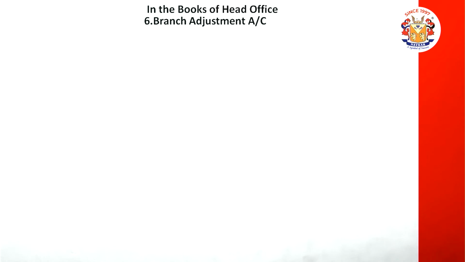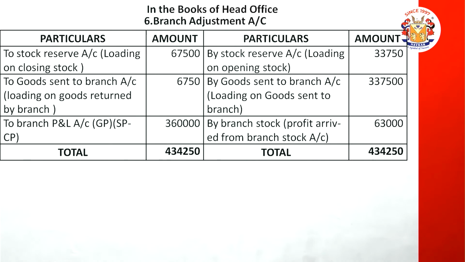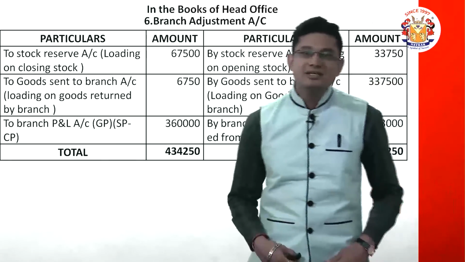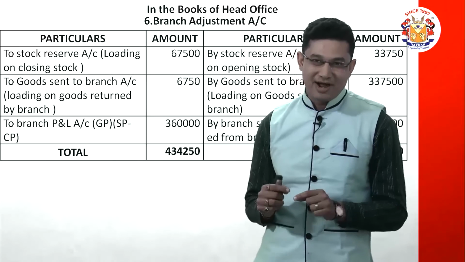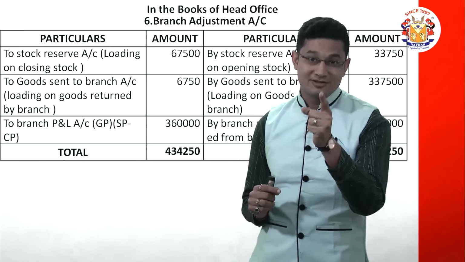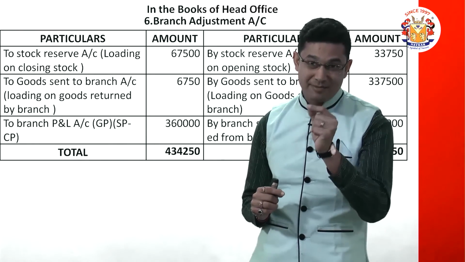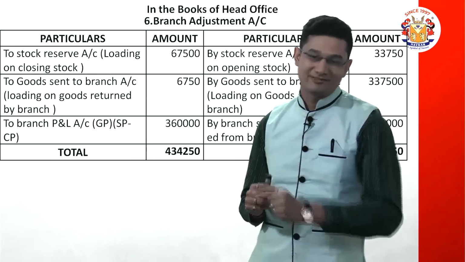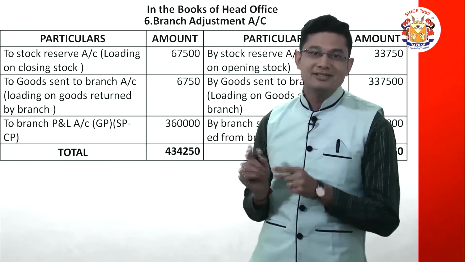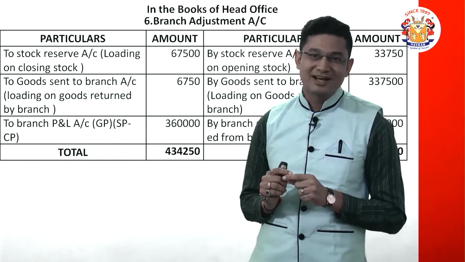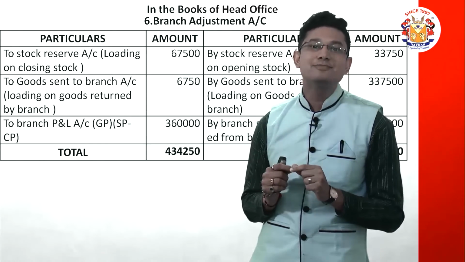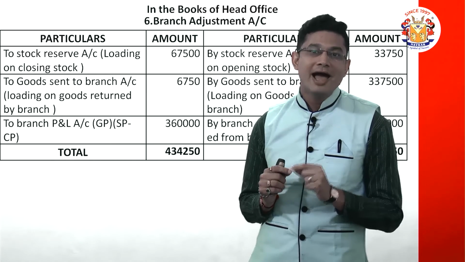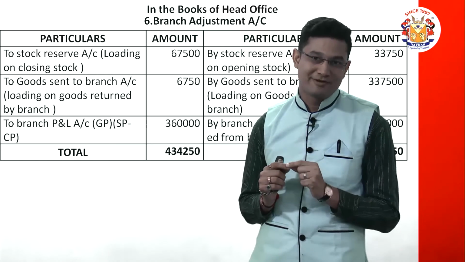Next one, branch adjustment account. Sir, in branch adjustment account, what would be credited? This is a Guru mantra. On the credit side of branch adjustment account, you will record realized profit or expected to realize profit.